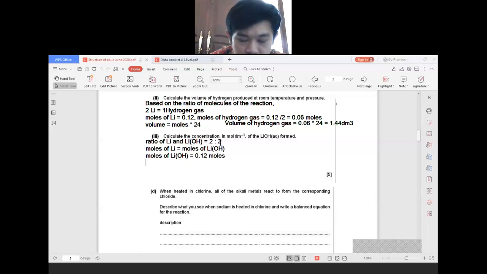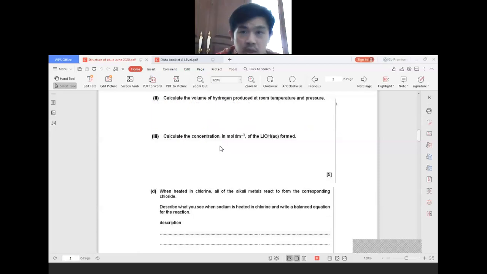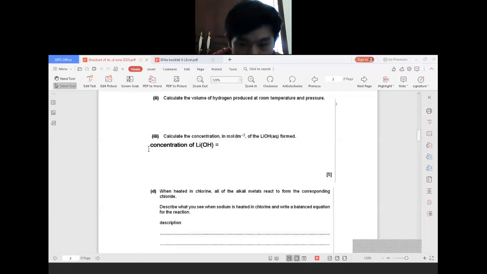And then the concentration of the lithium hydroxide equals moles divided by volume.